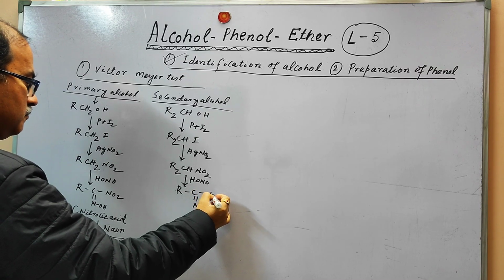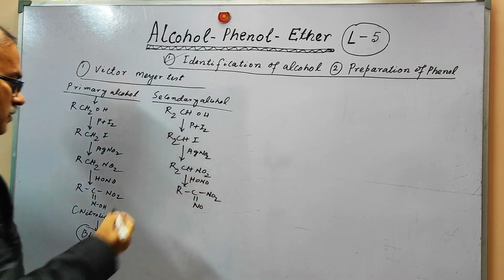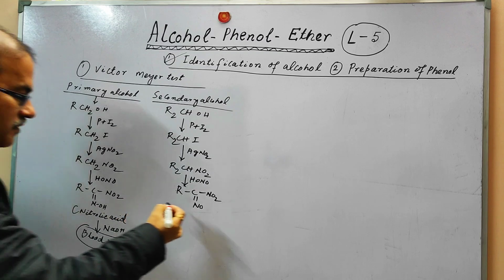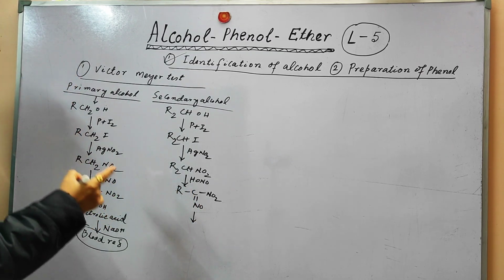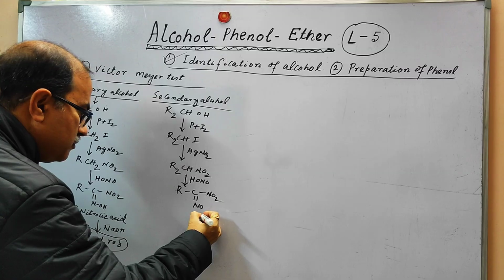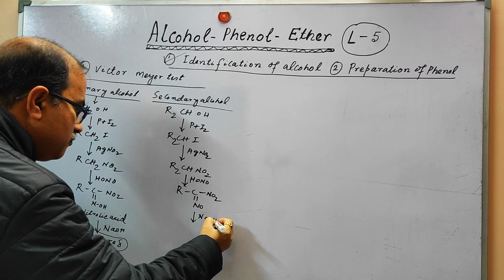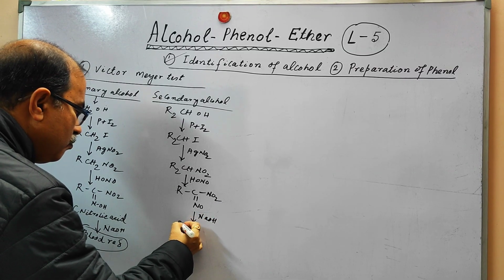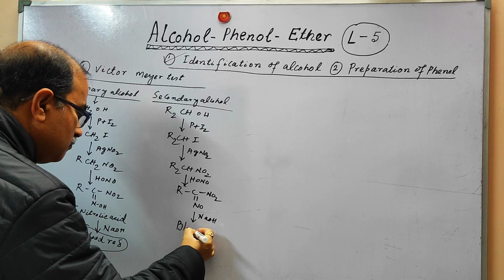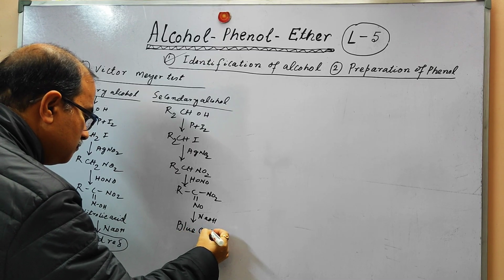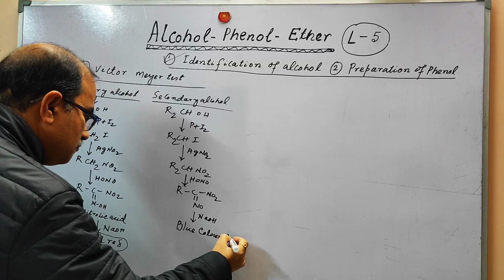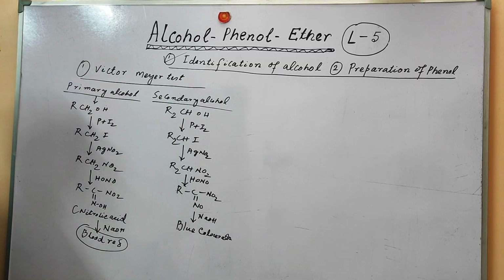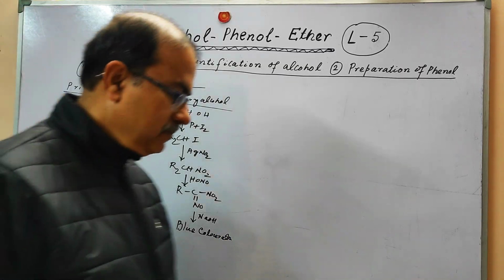This is pseudonitrole, and when this pseudonitrole reacts with NaOH, it is going to create a blue coloration. This is the blue coloration, as you can observe.